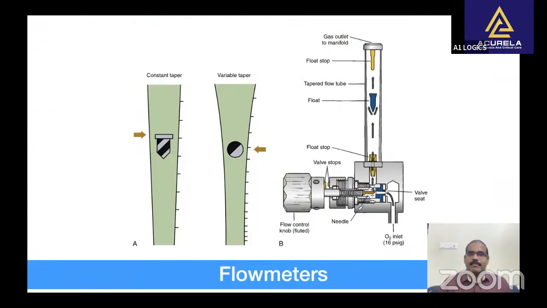The traditional mechanical flow indicators used in anesthesia machines have been of variable orifice or Thorpe tube type. A vertical glass tube is internally tapered with its smallest diameter at the bottom. It contains an indicator that is free to move up and down inside the tube. When there is no gas flow, the indicator rests at the bottom of the tube.